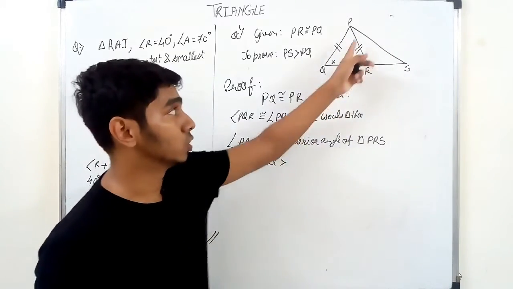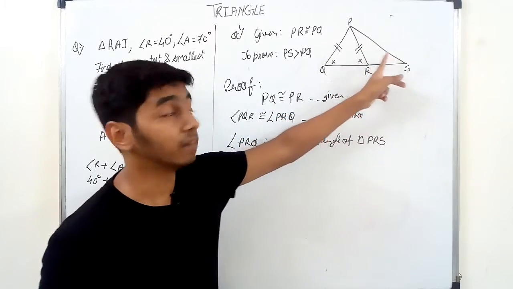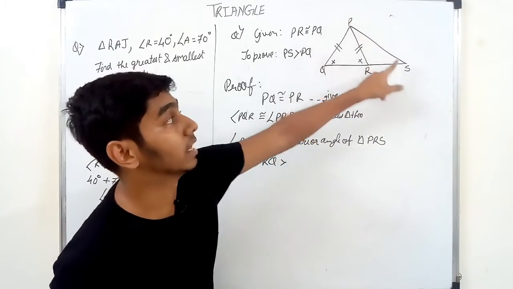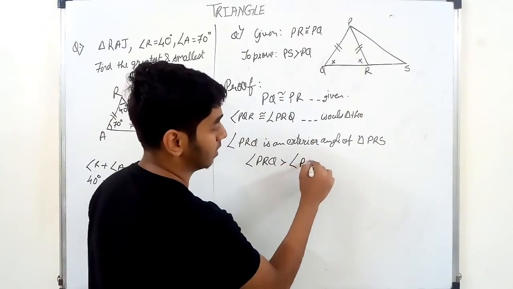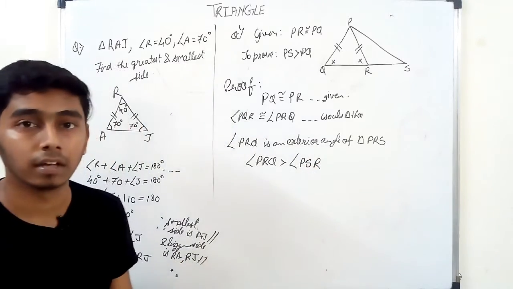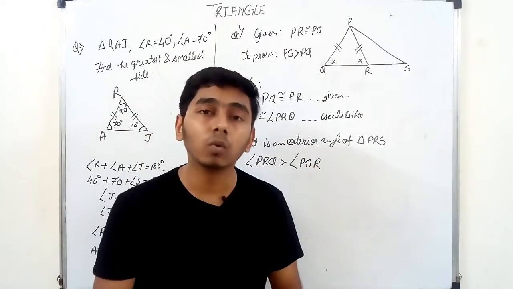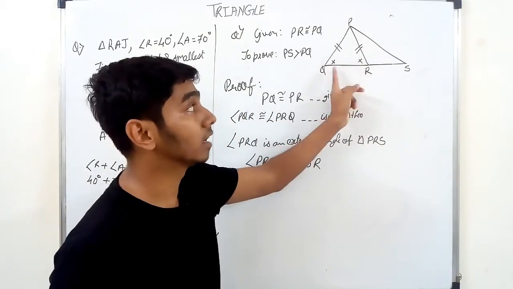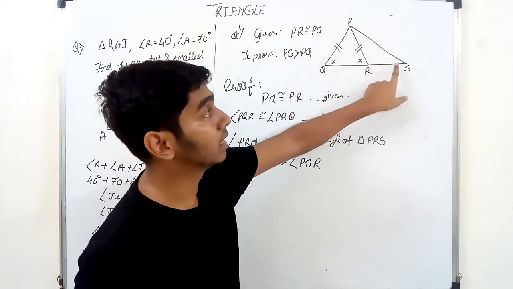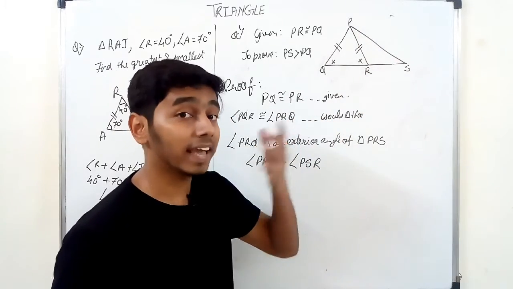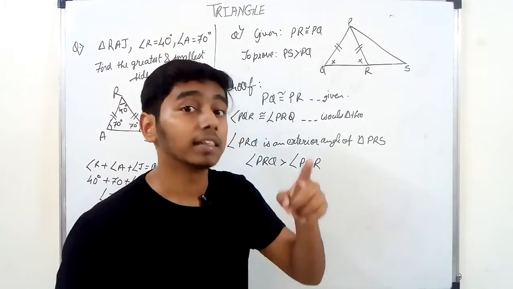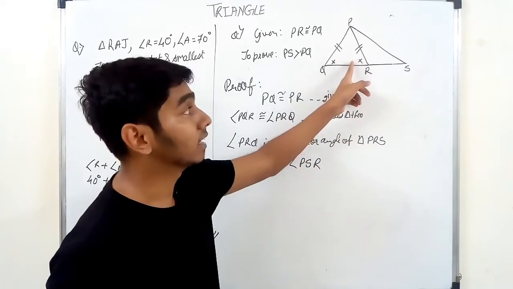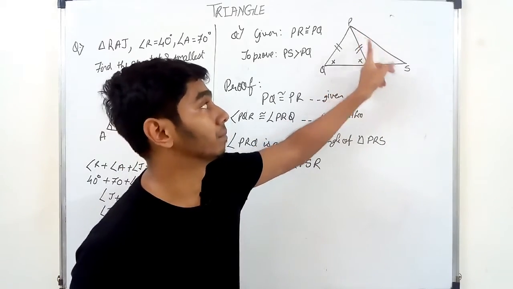Yes or no? So we'll consider this interior angle and say that this exterior angle is greater than this interior angle PSR. Because you already know that the exterior angle is equal to the sum of the remote interior angles. So this angle PRQ is equal to this angle plus this angle. But since the exterior angle is equal to the sum of two angles, if you consider the two angles separately, one by one, then that exterior angle will be greater than both of them.